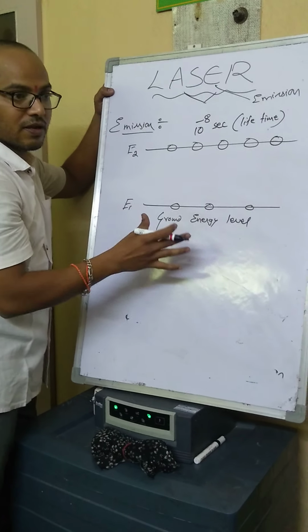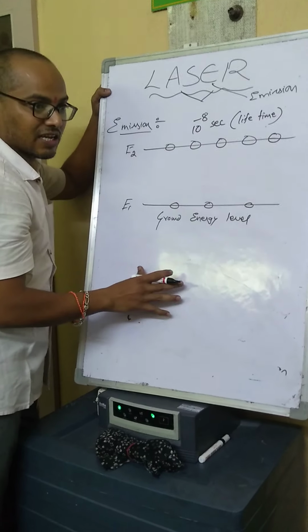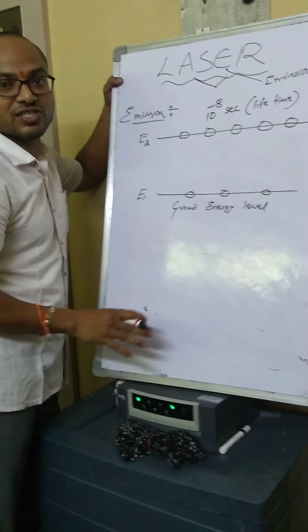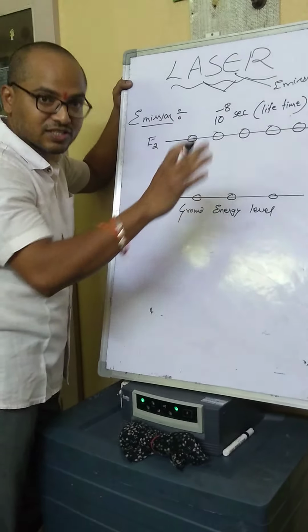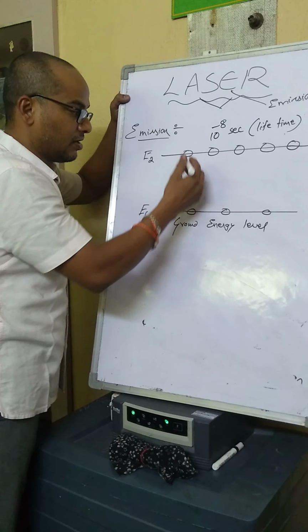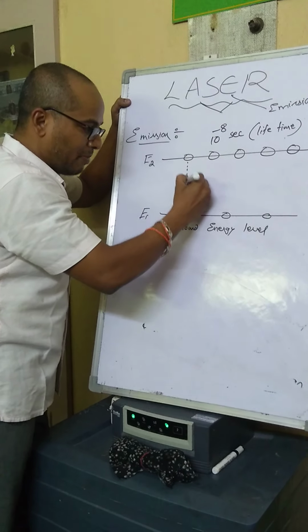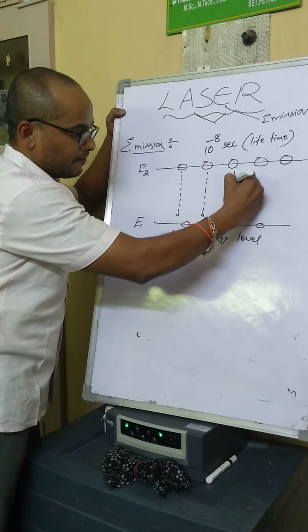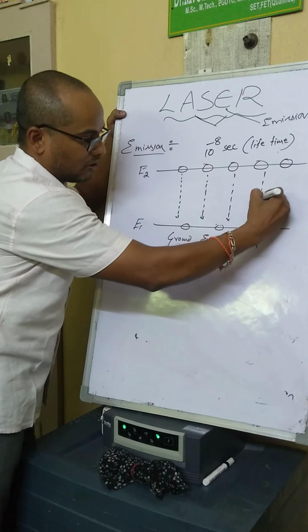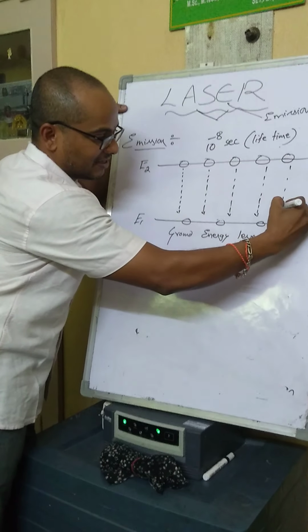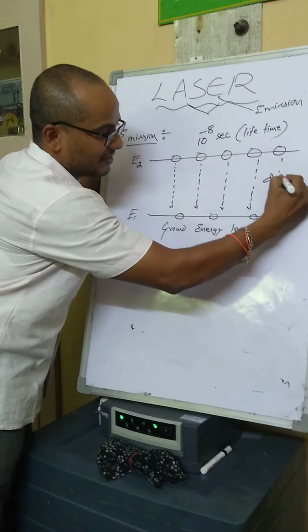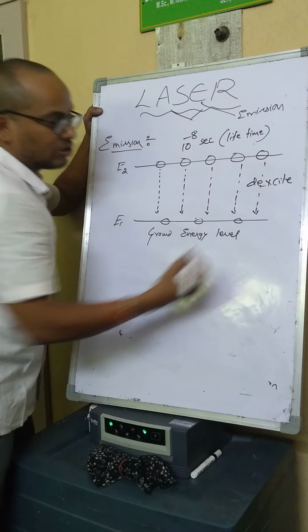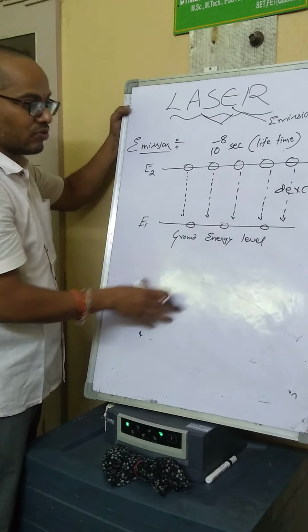After 10 power minus 8 second, without any external aid or any external source, they automatically jump back to the ground energy level. They automatically de-excite to the ground energy level.